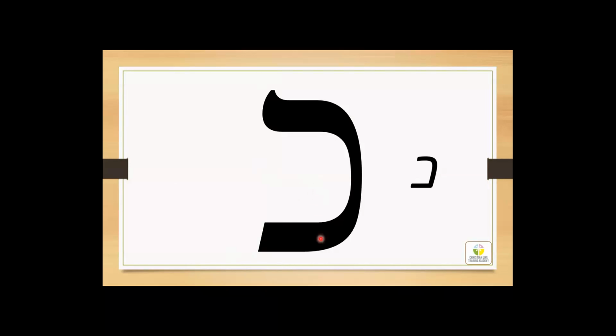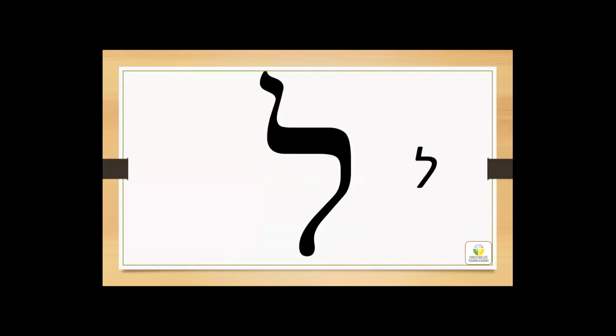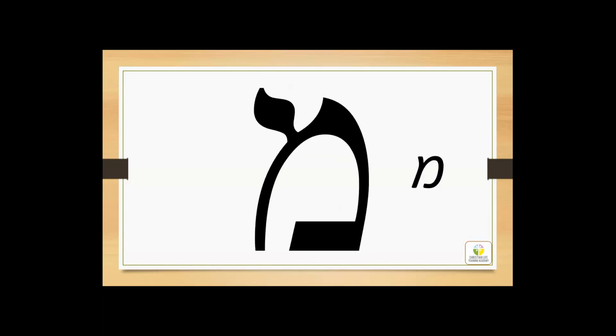Then it's Lamed. We'll learn that Lamed is the shepherd and it's a staff, things like that. Then Mem.